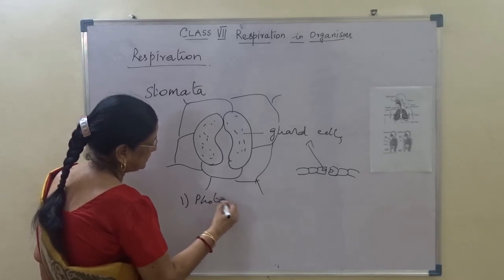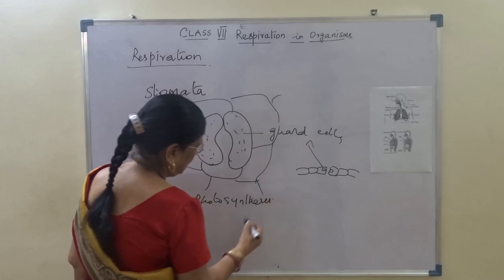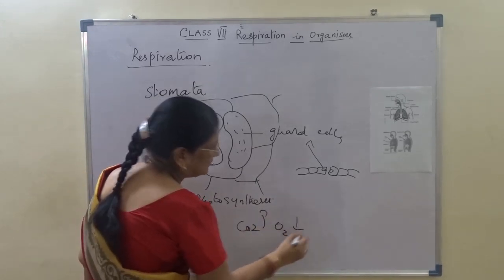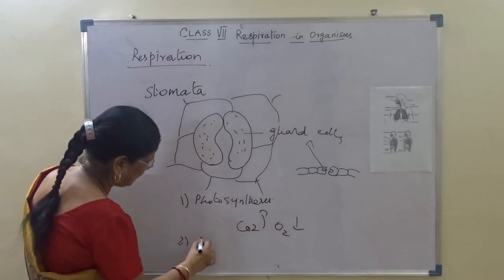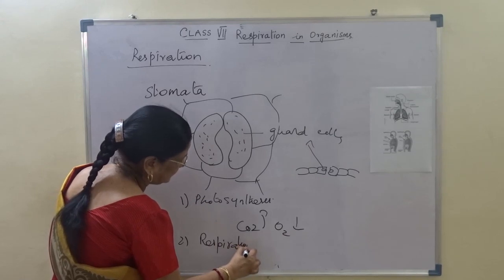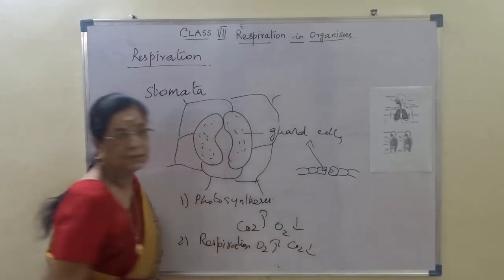In photosynthesis, carbon dioxide is taken in, oxygen is given out. Whereas in respiration, oxygen is taken in and carbon dioxide will be given out.